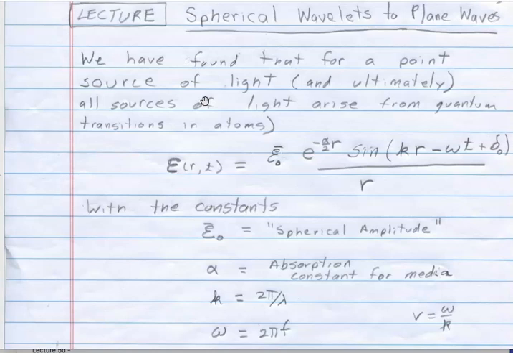It arises from quantum mechanical transitions, primarily in atoms. In the transition they emit light in the form of electromagnetic radiation, really. And we'll say more about that shortly.